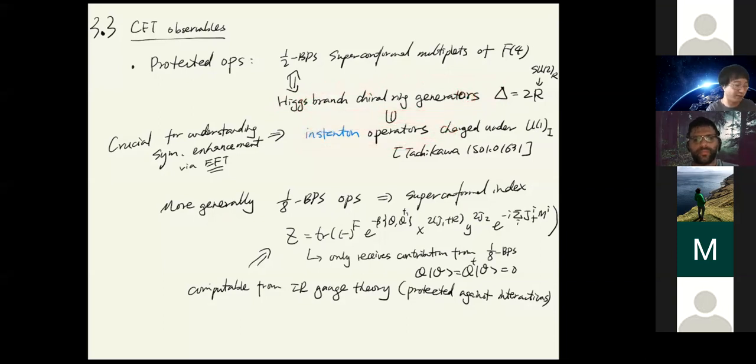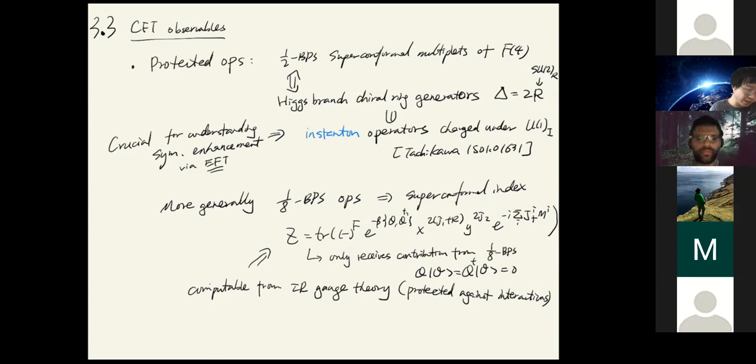These are also known as the EFT instanton operators. These operators are very important because they give rise to the symmetry enhancement, which happens very often in the 5D context. This is very analogous to the monopole operators that give rise to symmetry enhancement in the 3D context, but in that context, it follows from the UV to the CFT in the IR.